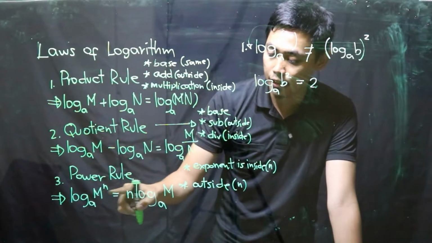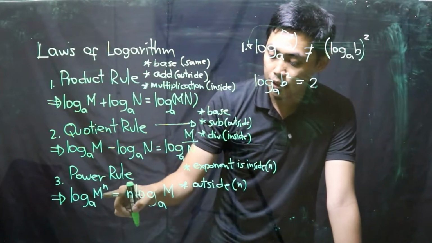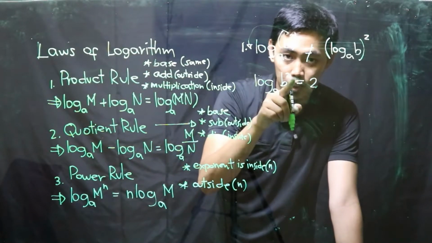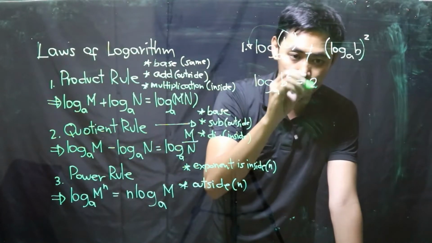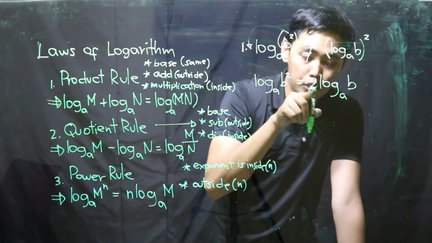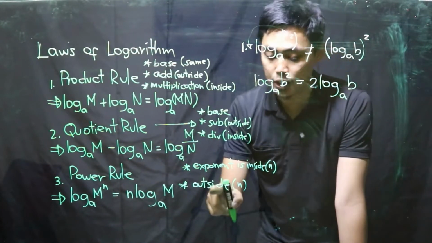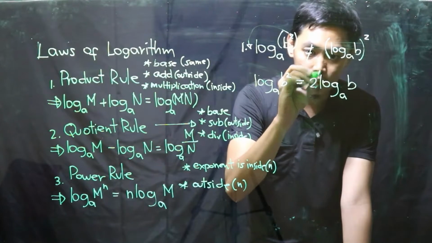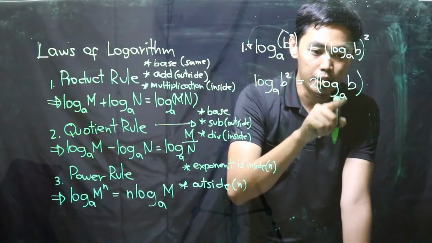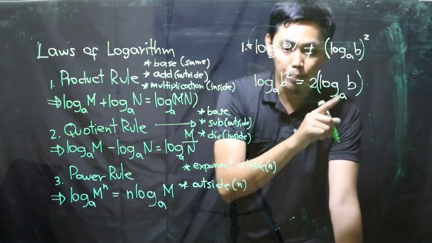And n on the top was transferred to n on the side. Then 2 on the top, transferred here. So 2 log base a, b. Then 2 here is outside, meaning it is now in front of the logarithm of base a, b.